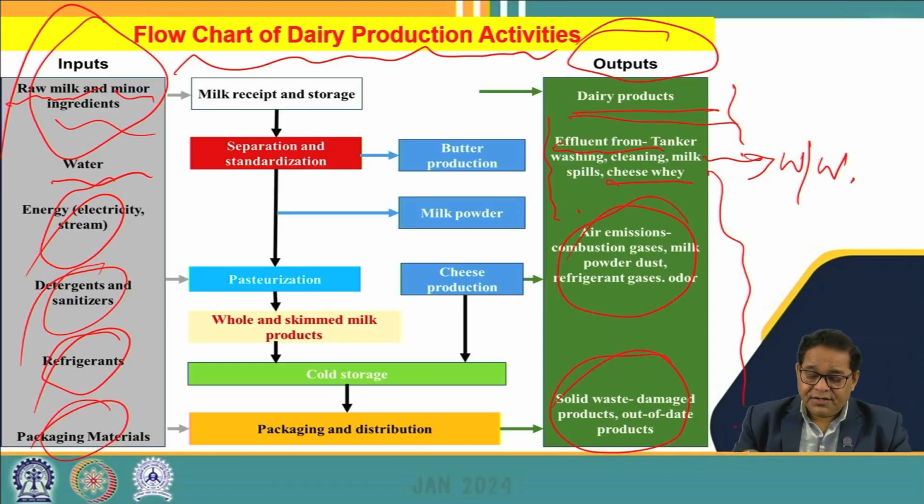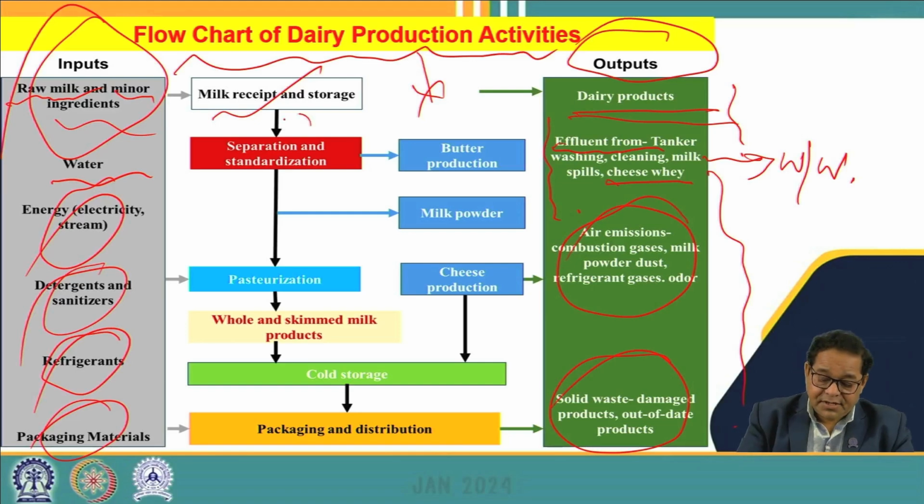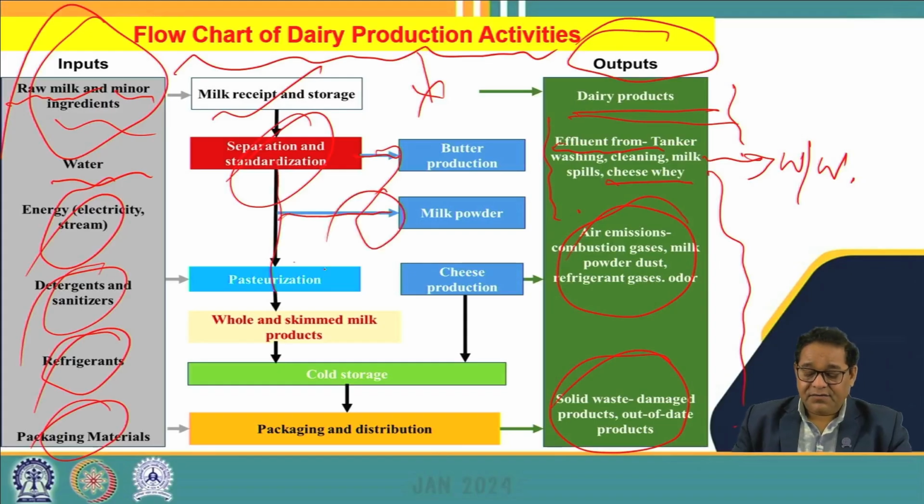And if we see the total production process, first of all the milk is received, and after receiving it, it is stored in tankers, and then separation and standardization of milk is done in the next process, where butter will be produced. And then the part of milk that will go for production of milk powder.